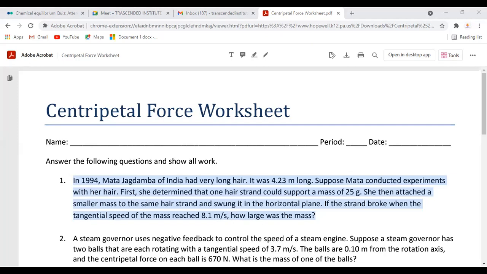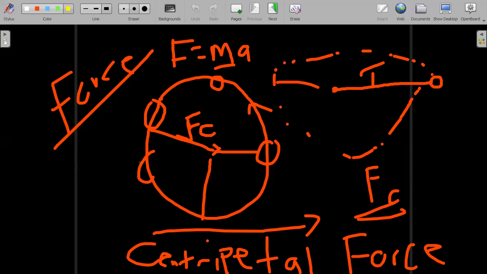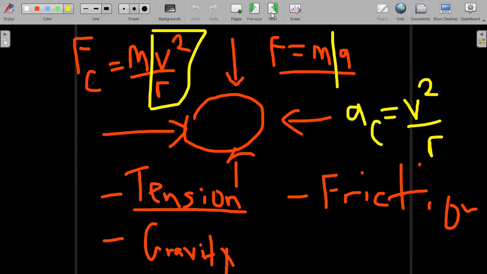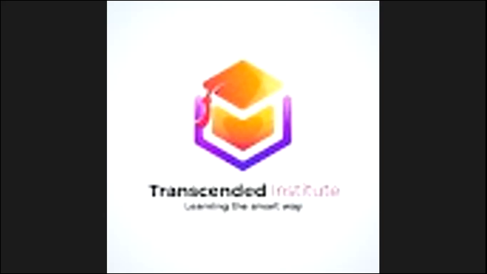Let me copy this question to this board so that we are able to see what we are talking about. Right, let me just add the text.